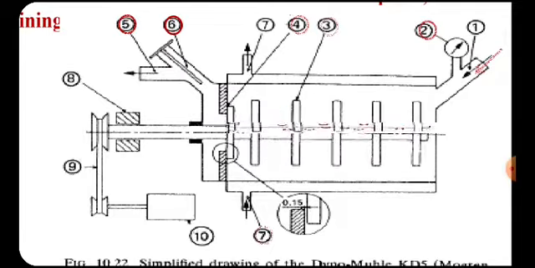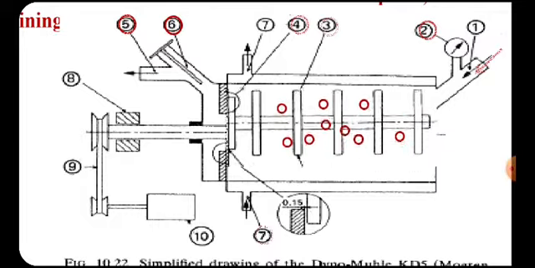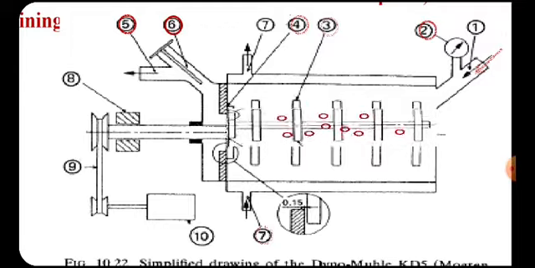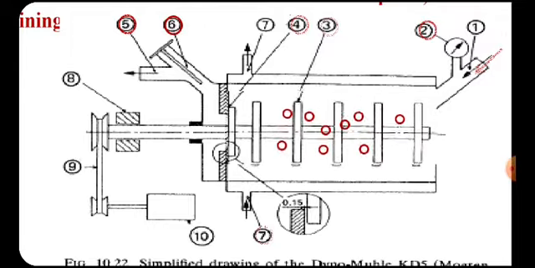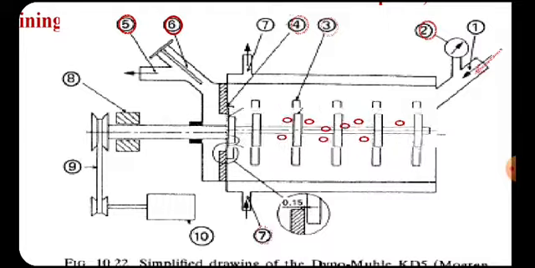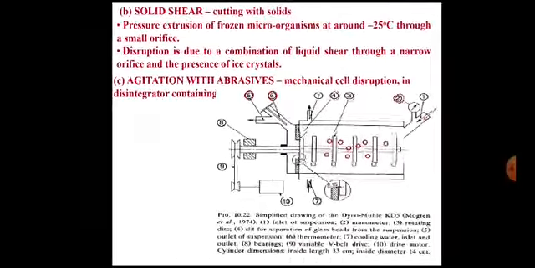Slurry is coming inside, so rotation will cause the bombardment of cells onto the glass beads, and these glass beads will be responsible for the lysis of cells. Once this batch is run, there will be concentrate at the fourth part here.